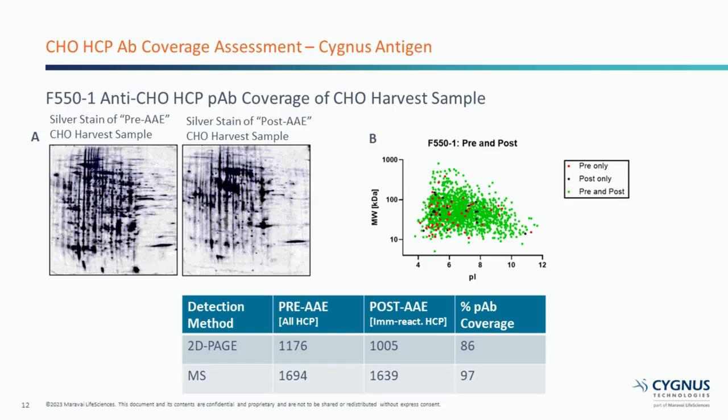Another thing that I would like to point out here, and as we go through this presentation, is that with AAE to 2D PAGE, any gel method just measures spots. We don't know anything about those proteins. But with mass spectrometry, we know exactly what HCPs our antibody reacts to and what HCPs are in your harvest.